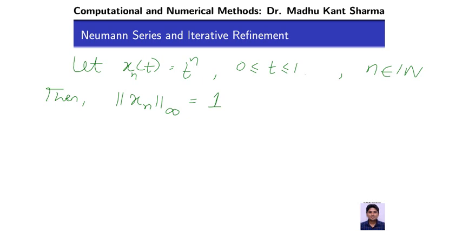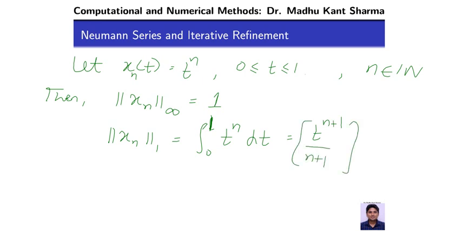On the other side, the norm of x n in the integral norm is the integration from 0 to 1 of t to the power n dt, because it is always positive. That equals t to the power n plus 1 by n plus 1, upper limit minus lower limit, which is 1 by n plus 1.